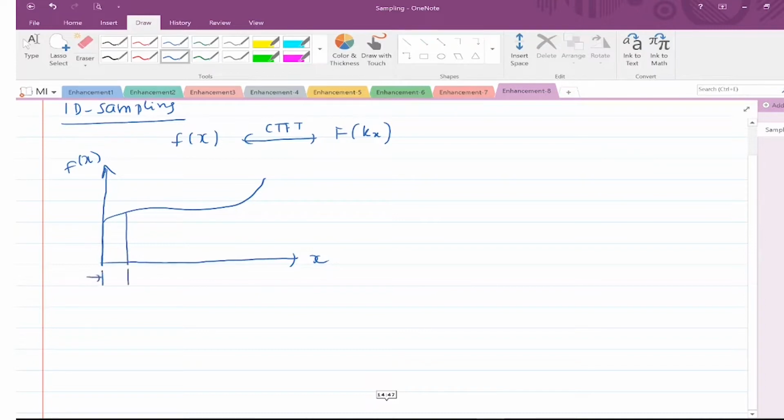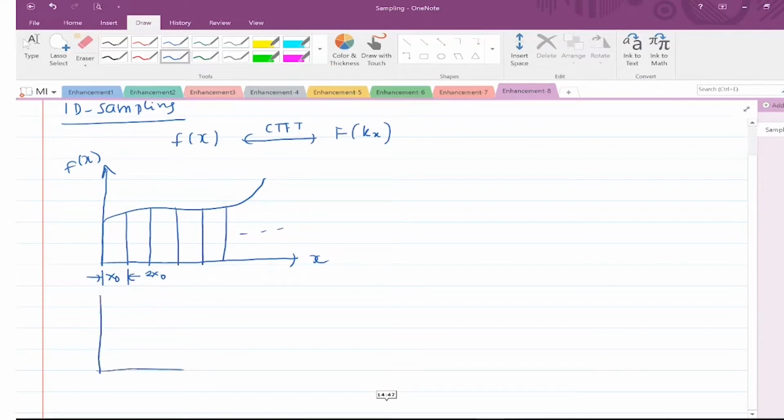Assume that you want to retain its values at a regular interval of x naught. So that would be x naught. At 2x naught you want to have its value, and 3x naught, and so on. So how can you do that?